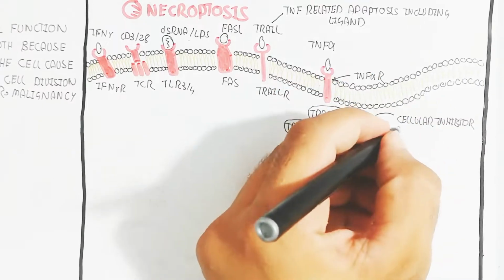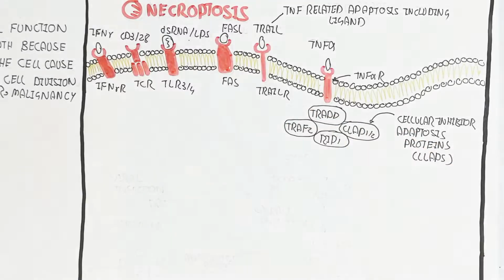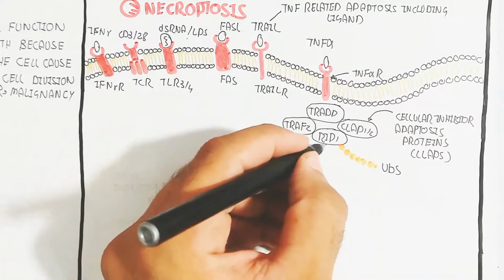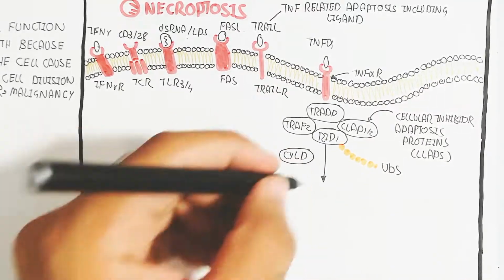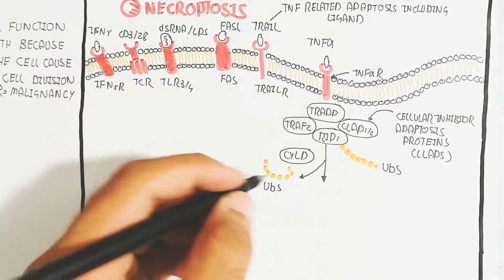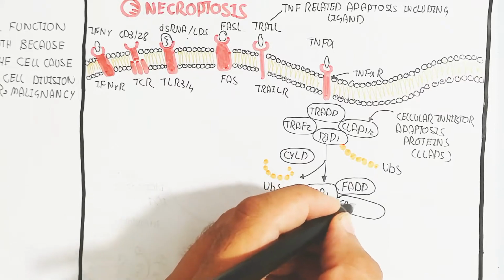In this way, for example we are giving the example the TRADD and the TRAF2, cIAP 1 and 2 and RIP1 will combine together tetramerically, and the cIAP 1 and 2 is the cellular inhibitor of apoptosis protein.